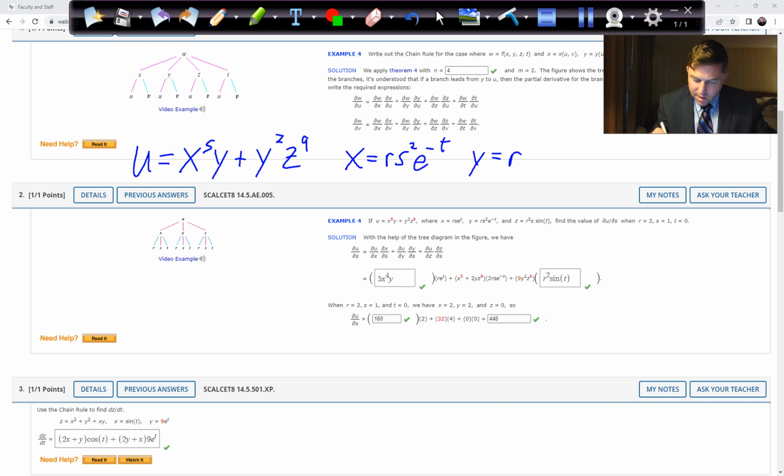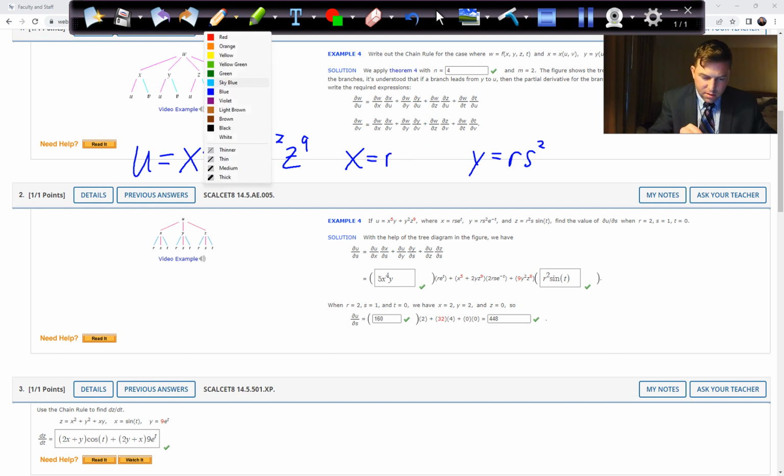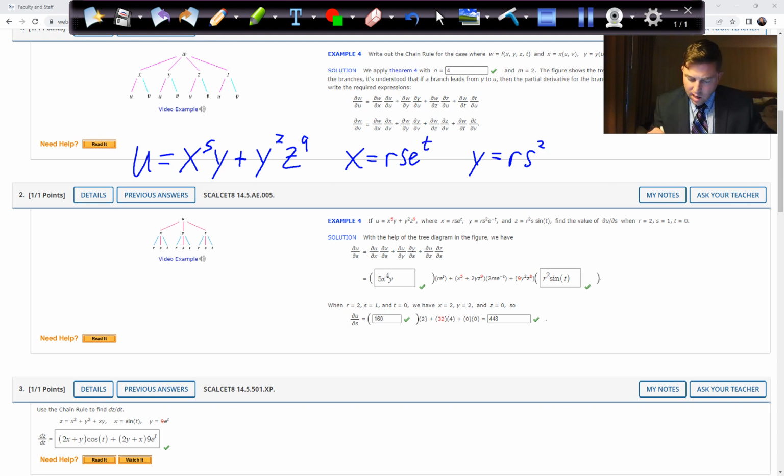I think I screwed this one up. X was just r s e^t. Y is r s squared e^(-t). And then z is r squared s times sine t. And they want us to find du ds.